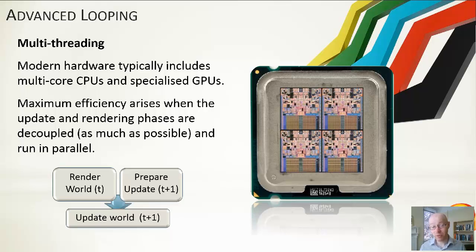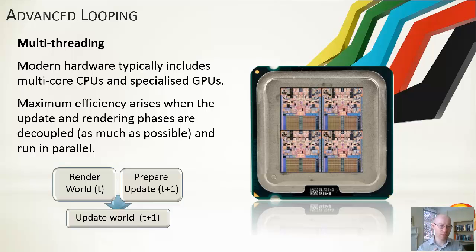This is important because generally there are two chunks of silicon, the CPU and the GPU. The bits that do the update quite often are different from the bits that do the rendering. There's a way of getting around this, and you can see it down at the bottom here. Ideally, we should be updating the world for time t. We should be drawing the world.